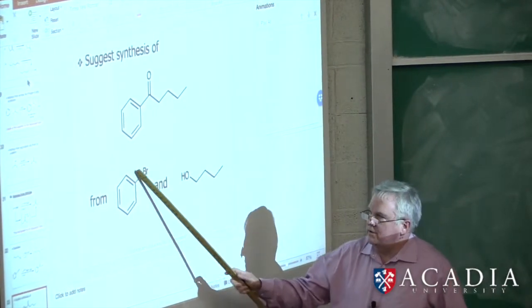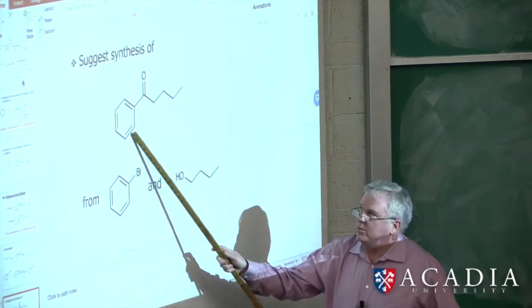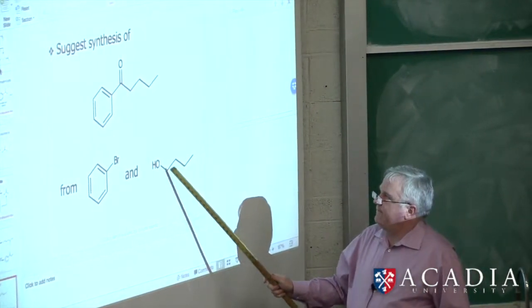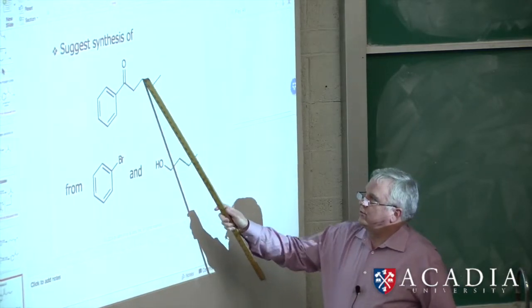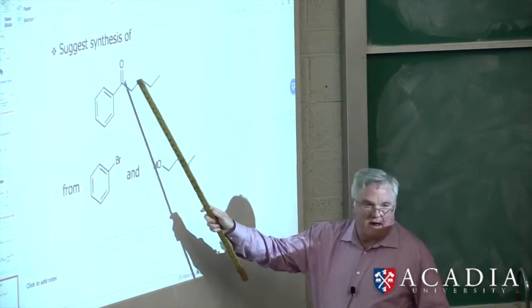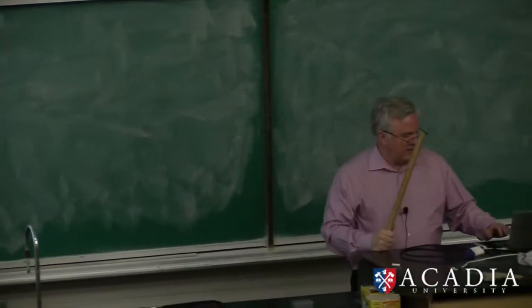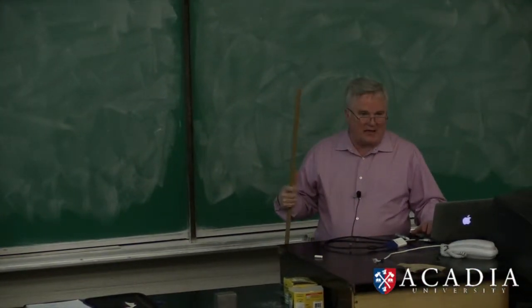But count the carbons. This is easy to see in the product. Then count our carbons here, 1, 2, 3, 4. We have 4 carbons. We need another carbon. We actually need 5 carbons in this molecule.